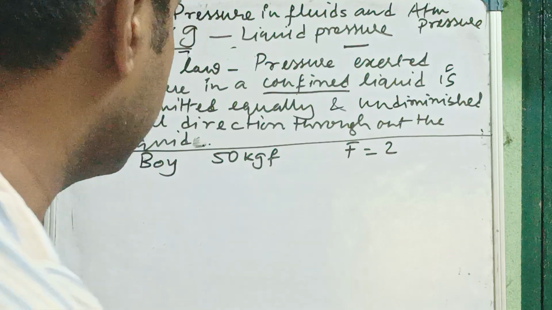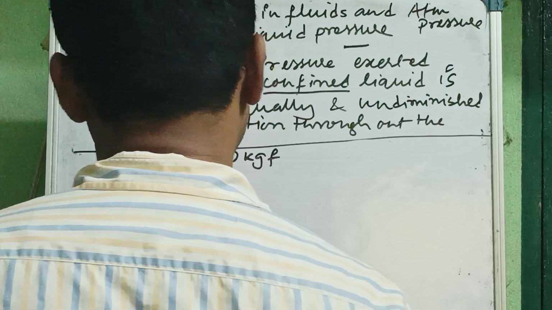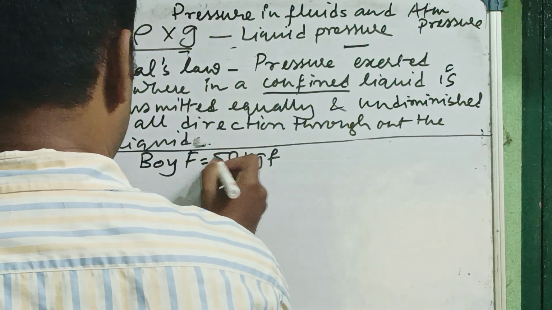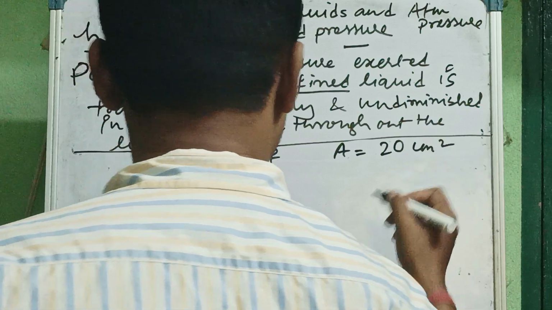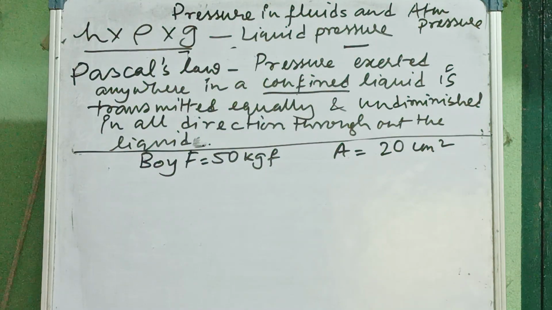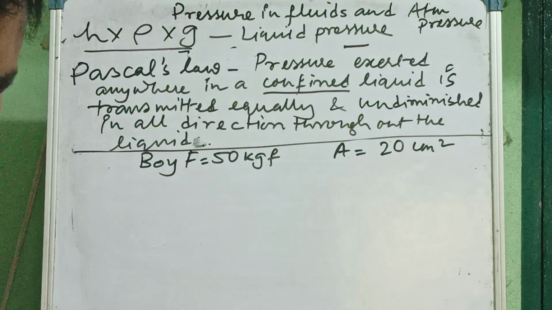The area of the cross section of the heel is 20 centimeter square. And a girl weighing 45 kg is wearing sandals with heels of area of cross section 1.5 centimeter square.